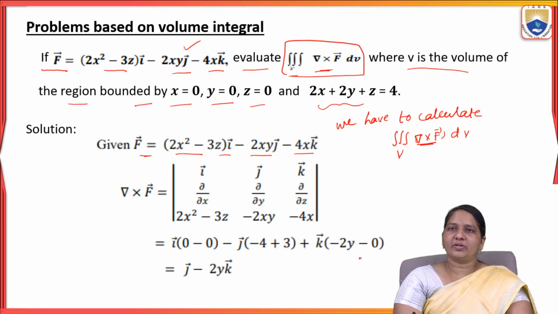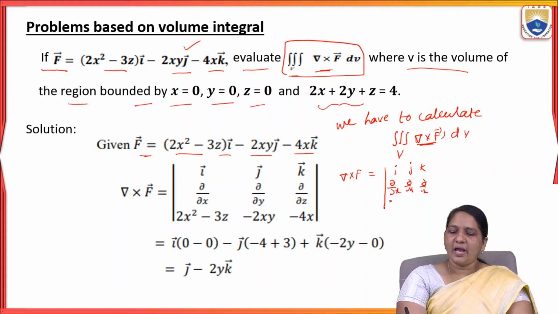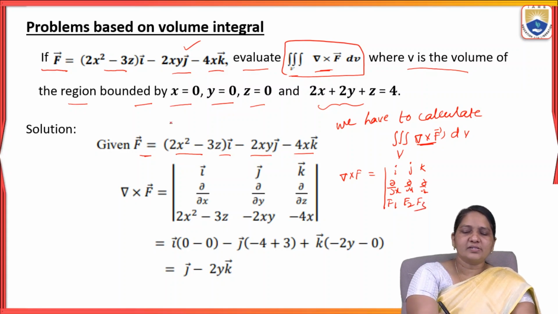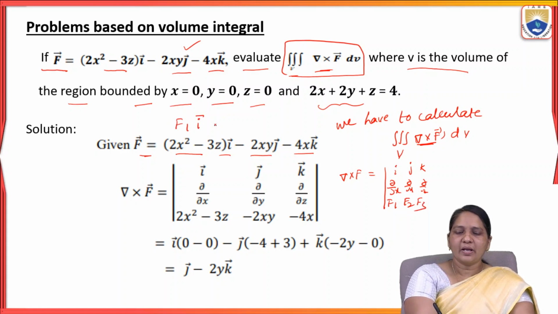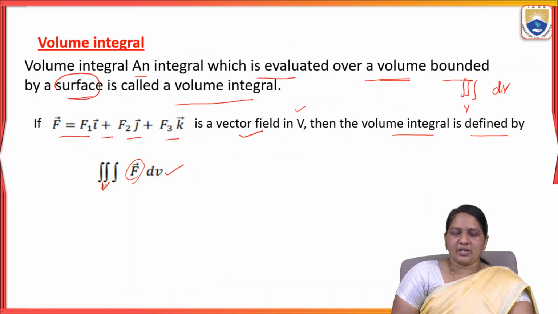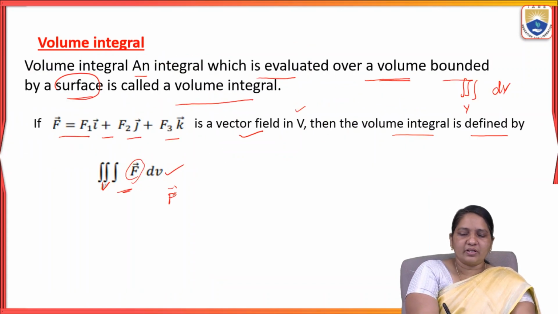What is the formula for del cross f? Already we know del cross f is the determinant of i, j, k; dou by dou x, dou by dou y, dou by dou z; and f1, f2, f3, where f bar is f1 i bar plus f2 j bar plus f3 k bar, as we already discussed.